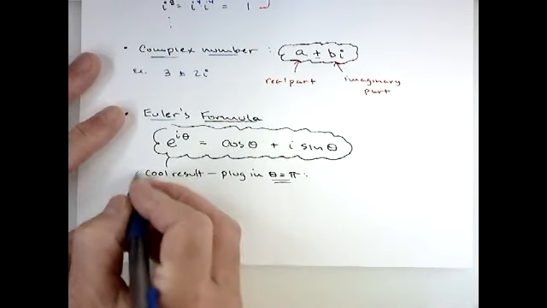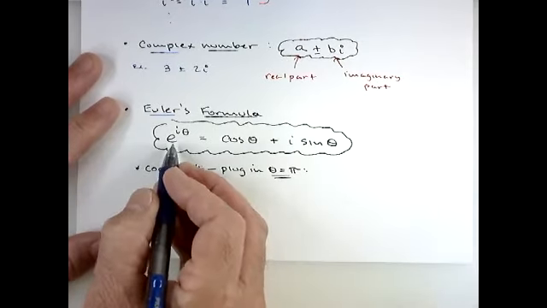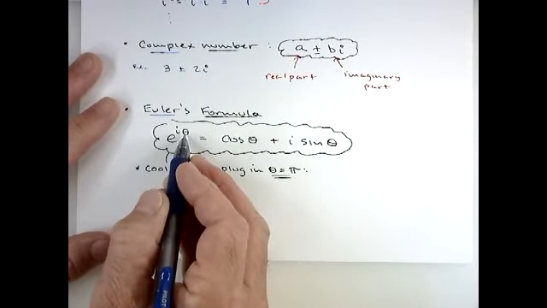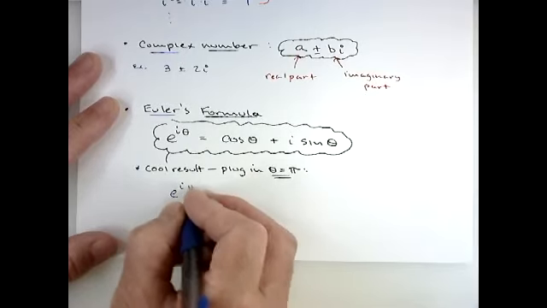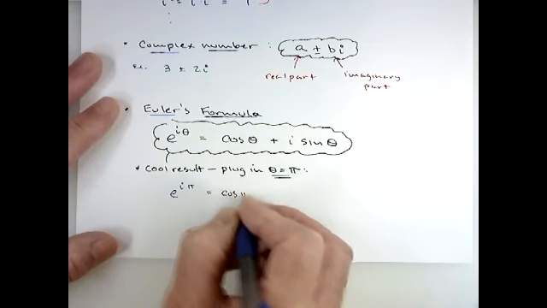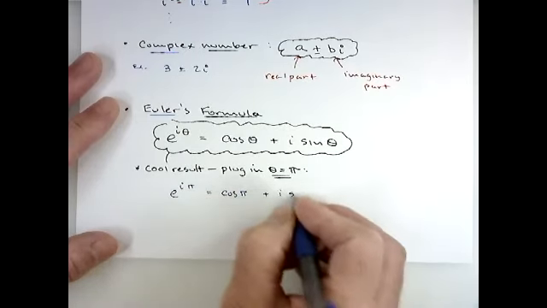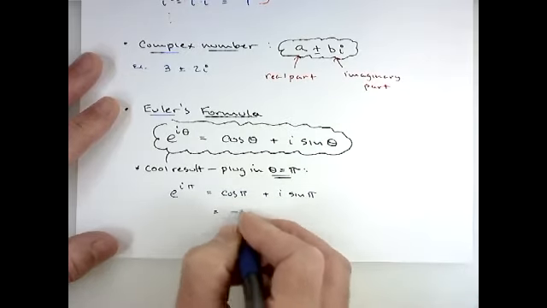One cool result of this, though, that is just so cool, you can't talk about Euler's formula without mentioning it. If you plug in pi for theta, what do you get? You get e to the i pi equals cosine of pi plus i sine of pi. Cosine of pi is, of course, -1.